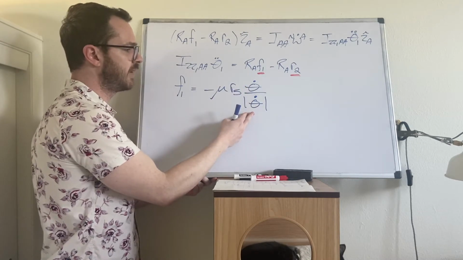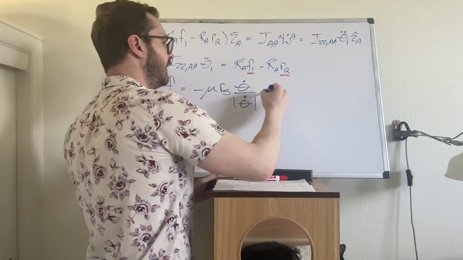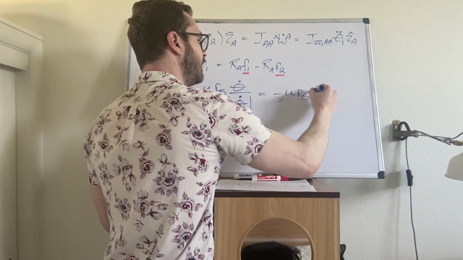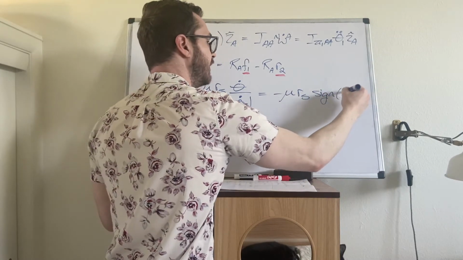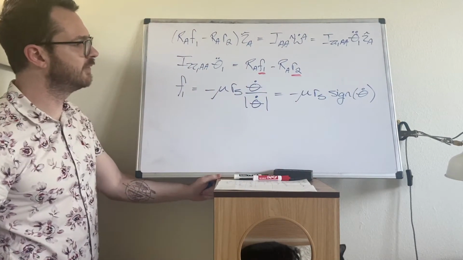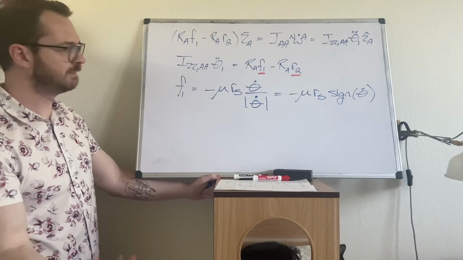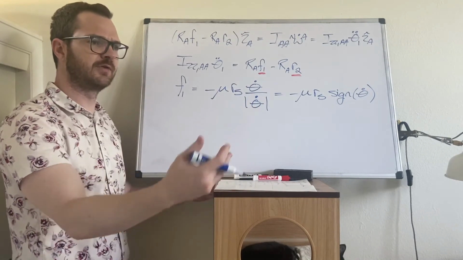Theta dot divided by magnitude of theta dot. We know that this is going to equal, if you wanted to write it this way, a sign function of theta dot. If you take theta dot and divide by its absolute value, you're just going to get +1 or -1. So really, this is just tracking which direction the disk is rotating.